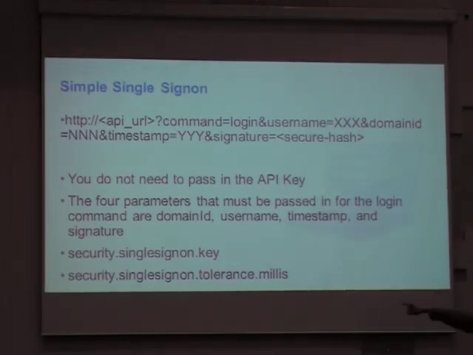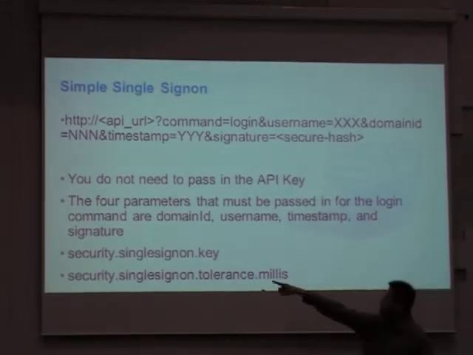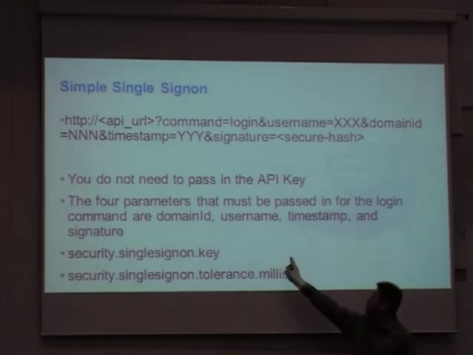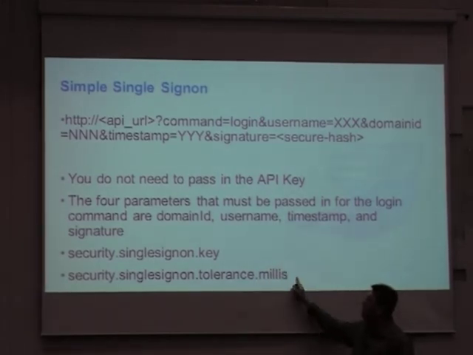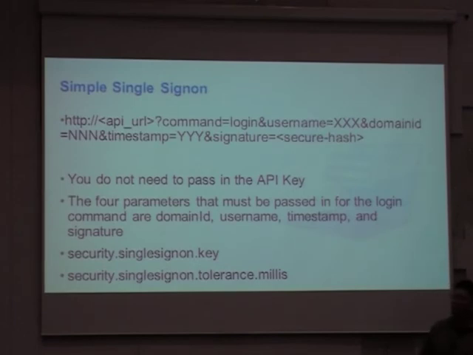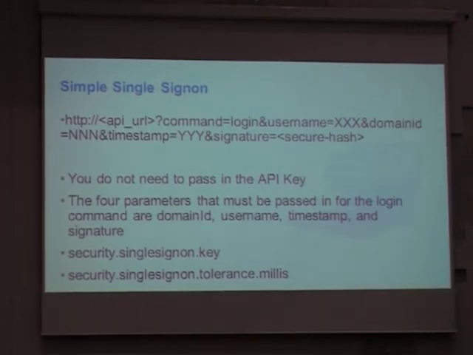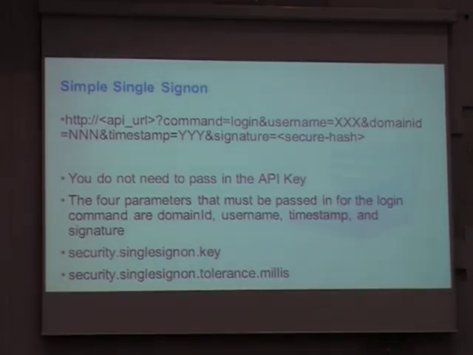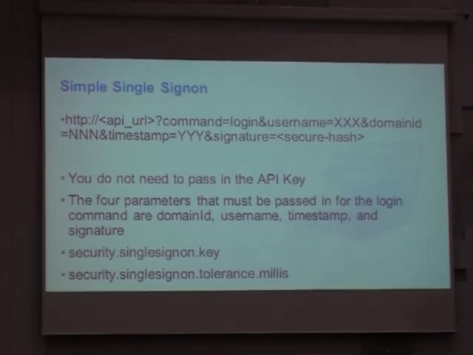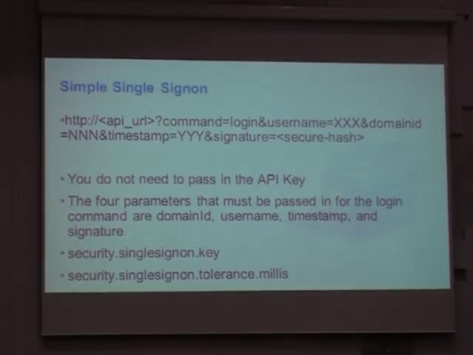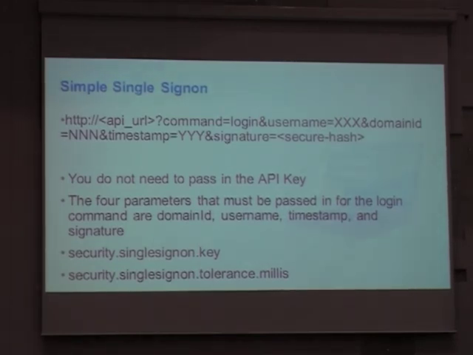I do have a global setting entry, and this would contain the shared key, and this would contain how much time that particular generated signature is valid for. So it would prevent some replay attacking of that. The reason why you don't need to pass in the API key is because I already know who you are.